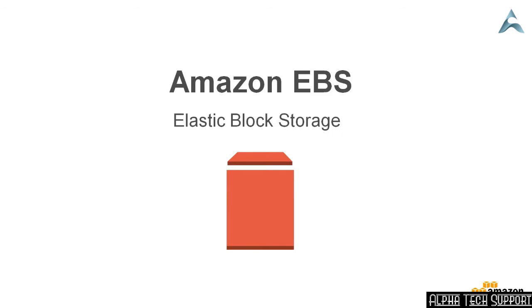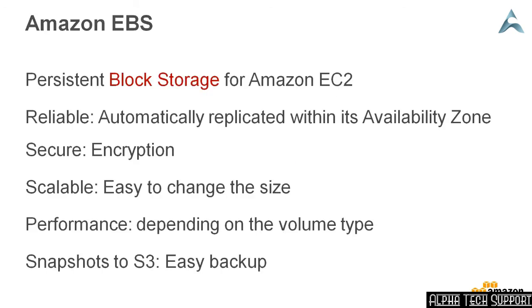Here comes another storage option on the Amazon cloud, that is EBS, or Elastic Block Storage. It is a form of block storage which is very scalable, that means elastic. Elastic Block Storage is persistent storage for EC2, Elastic Compute Cloud. It is reliable, automatically replicated within its availability zone.